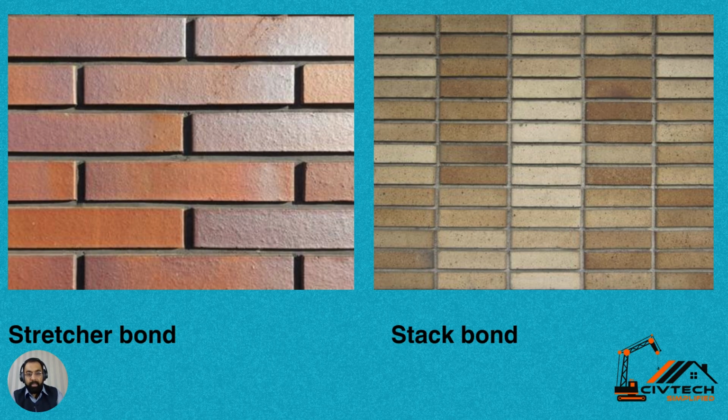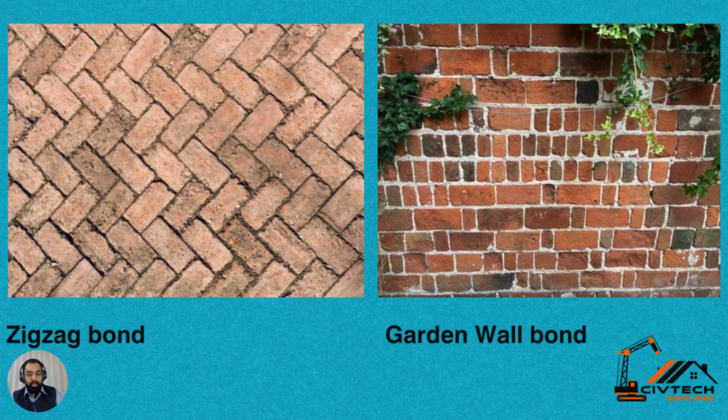So this is the common example for this type of bond as well as type of brick. And then it's the stack bond. In stack bond only stretchers are placed, and this is the weakest type of wall. It is not recommended in constructions.